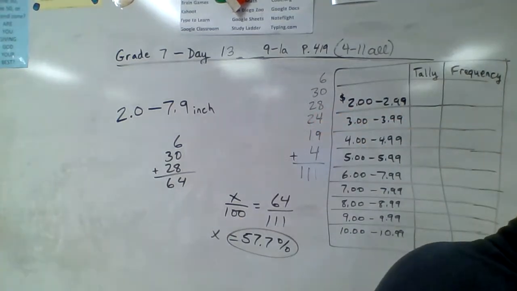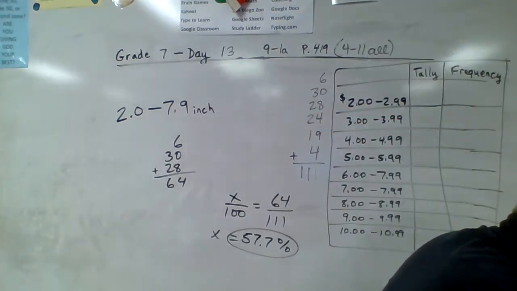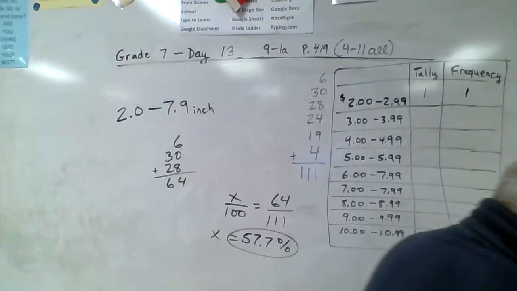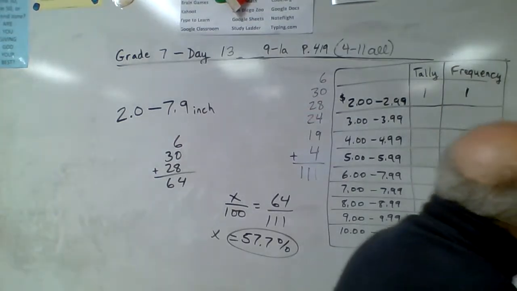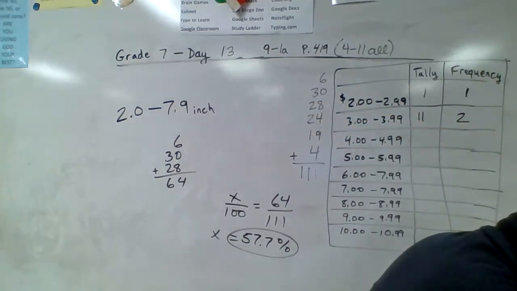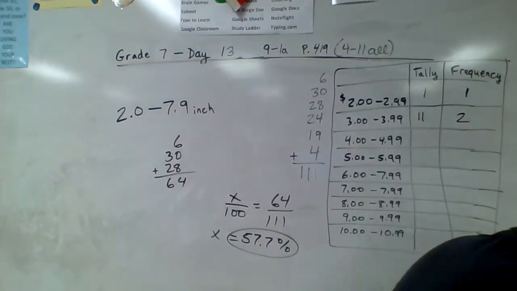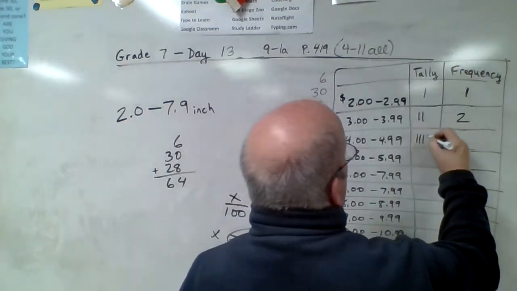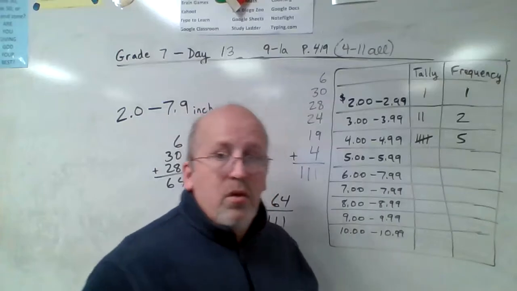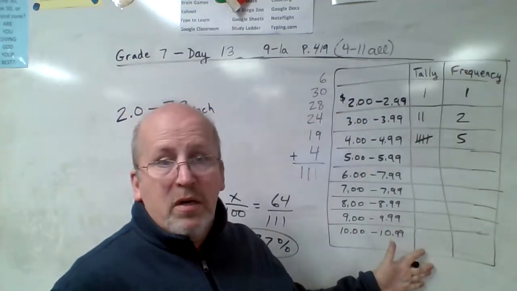So this is still 5a. How many numbers are between 2 and 2.99? I only see one. How many are between 3 and 3.99? I see 2. How many are between 4 and 4.99? I see 5. And for 5a, you need to finish off this table.